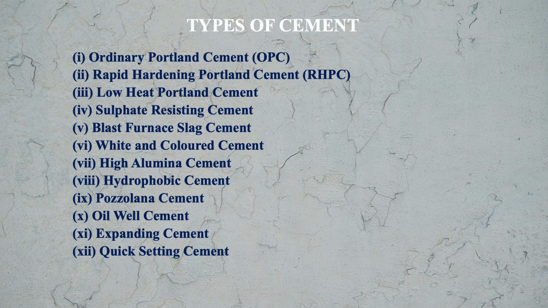Basically, there are many types of cement, but here we will be discussing 12 important types, like ordinary Portland cement, which is abbreviated as OPC, rapid hardening Portland cement, which is abbreviated as RHPC, low heat Portland cement, sulfate resisting cement, blast furnace slag cement, white and colored cements, high alumina cement, hydrophobic cement, then pozzolana cement, oil well cement, then expanding cement, and quick setting cement.